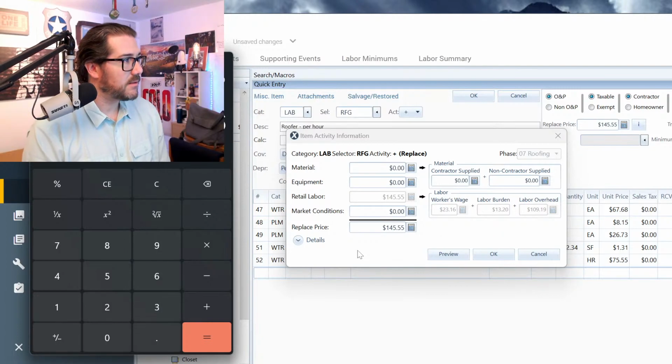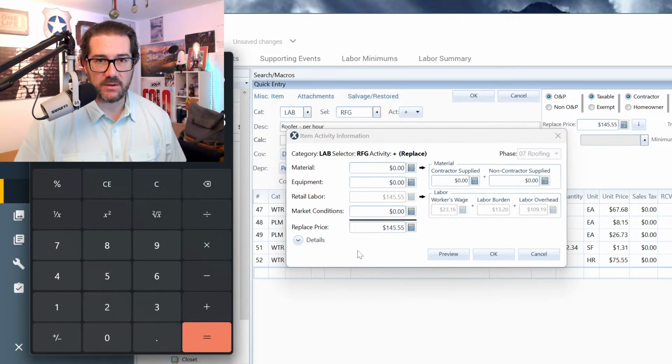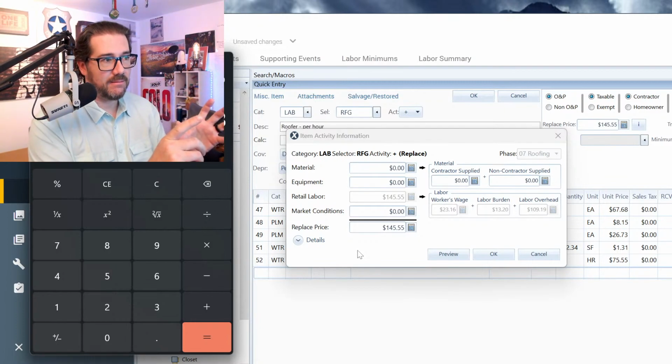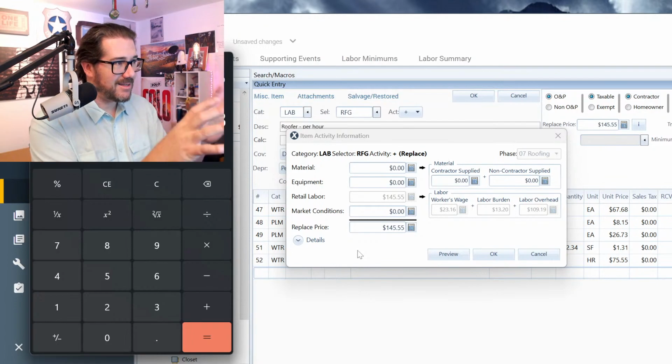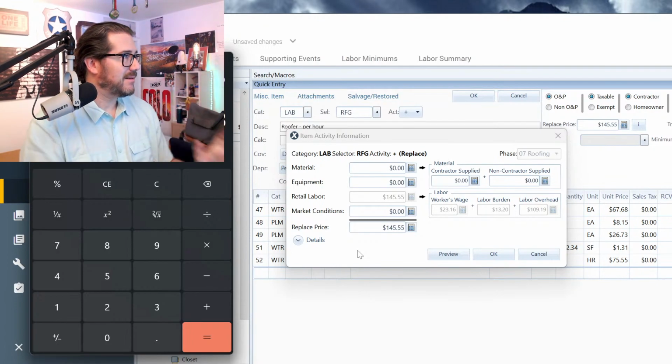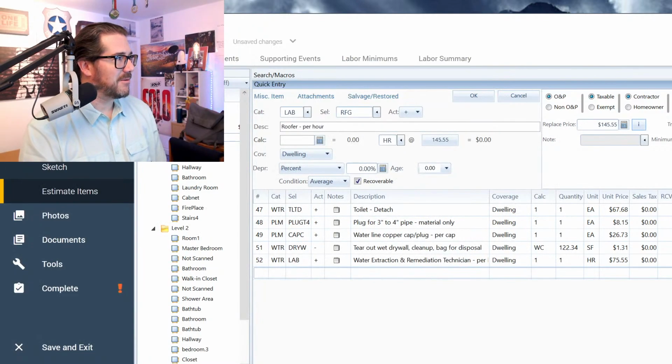23.16 plus 13.2 is 36.36. 109.19 divided by 36.36. It's a 300% markup. Built in. This is baked in. These are the numbers coming from Xactimate. Well, let me be double sure that I'm not using a weird price list.